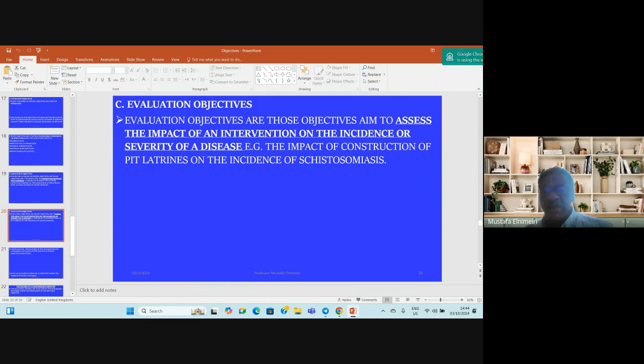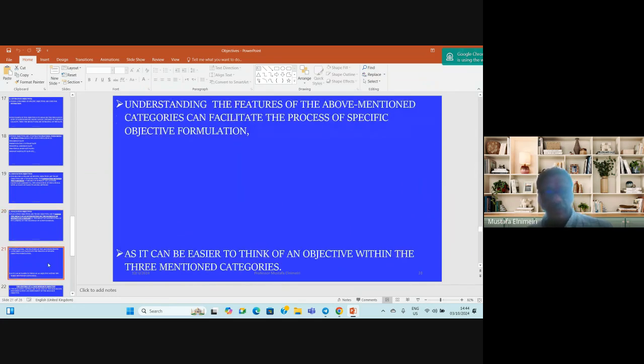For example, the impact of construction of pit latrines on the incidence of schistosomiasis. Understanding the features of the above-mentioned categories can facilitate the process of specific objective formulation, as it is easier to think of any objective within the three mentioned categories.